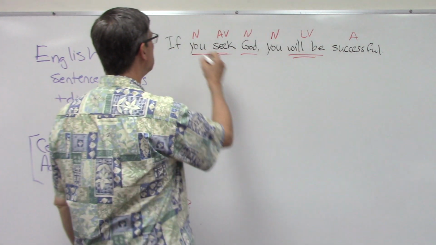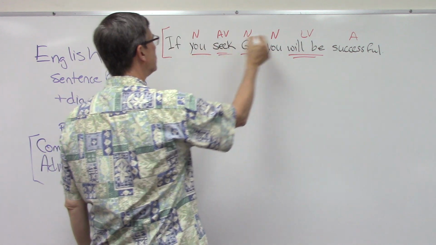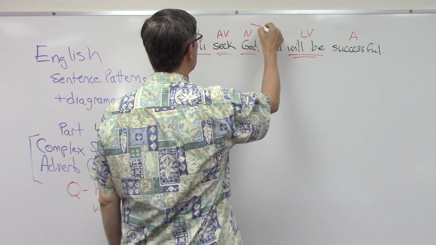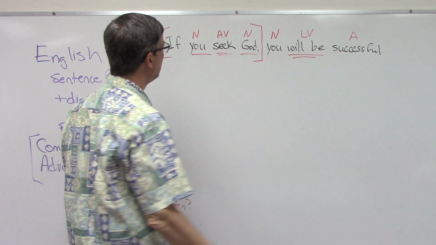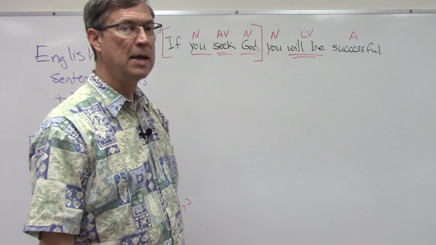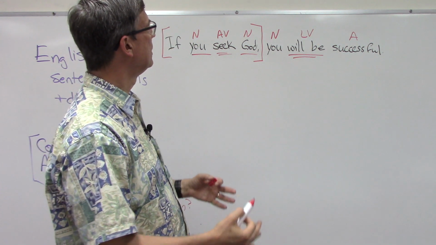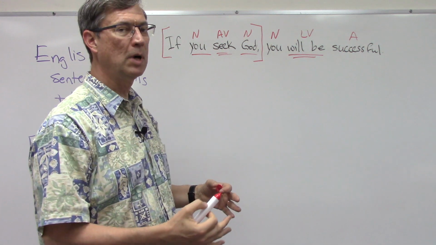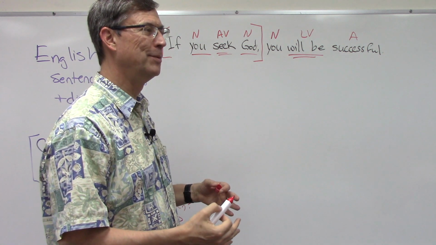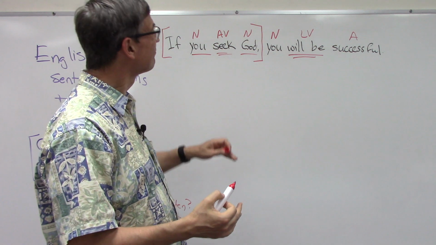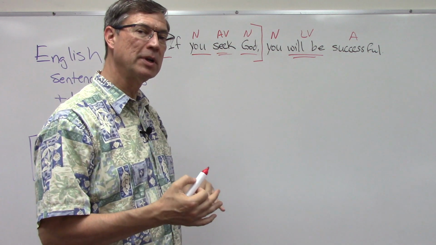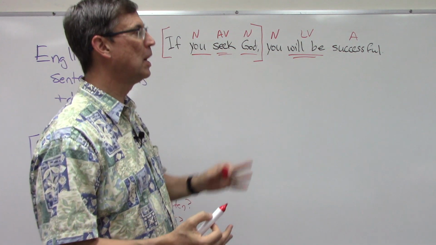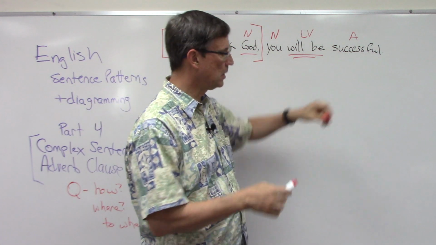So what we do is we take the subordinating conjunction, that clause, and we put that whole thing in square brackets. And that clause is going to get diagrammed. It does have a subject and a verb, so it's going to look like a sentence, but it's going to tie into this main sentence.